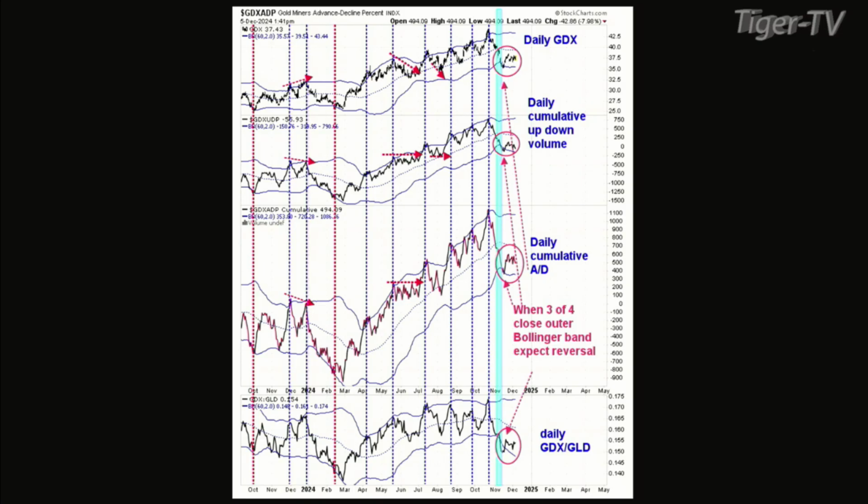When 3 of the 4 indexes hit the lower Bollinger Band, you're at a low. Back on November 15th, all 4 of those hit below the Bollinger Band. So that's another short-term indicator. It works pretty good at tops, too.